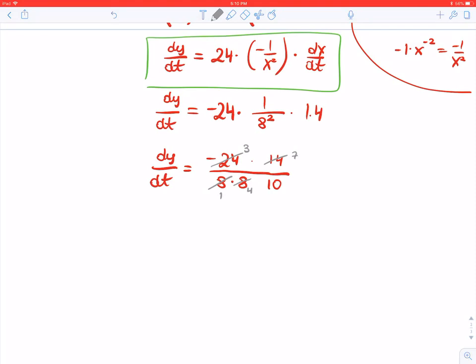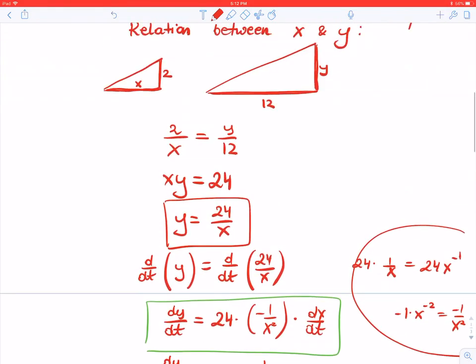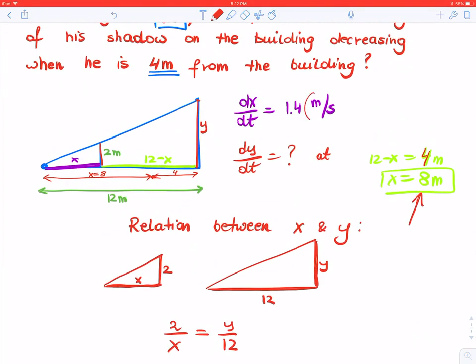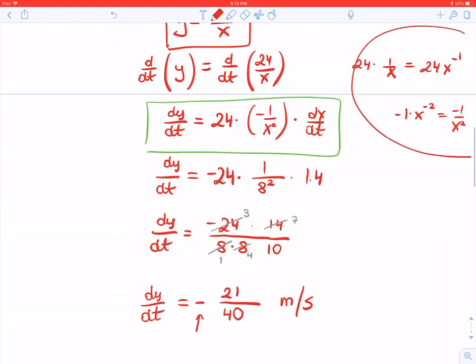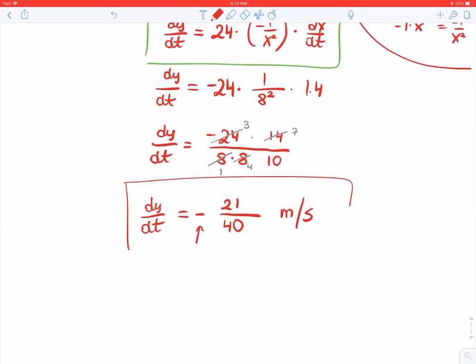Okay, so the rate of change of y with respect to time, which is the rate of change of the shadow on the building, is negative because it's decreasing, and it's 21/40 meters per second. It's the same units as the speed. And I believe that's the correct answer.